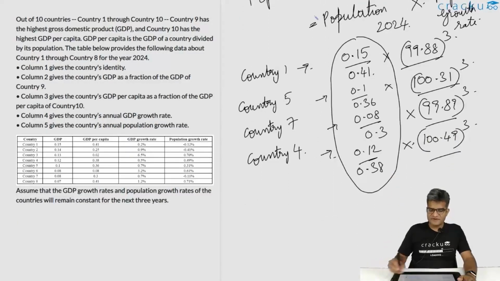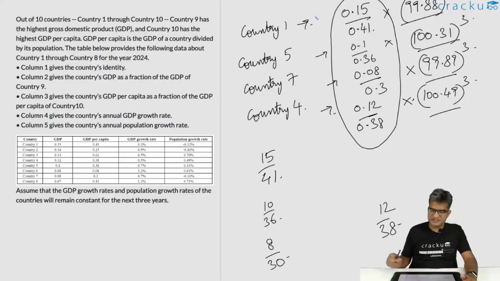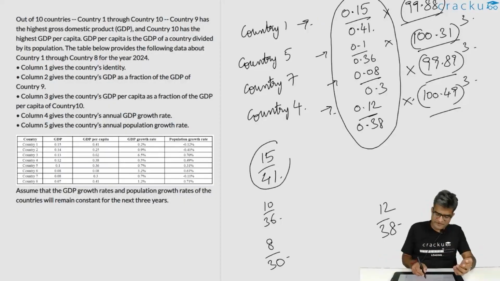The first one is 15 by 41. The second one is 1 by 3.6. So, this is 10 by 36. The next one is 0.08 by 0.3. So this is 8 by 30. And the last one is 12 by 38. Which of them is the largest? You don't need to calculate each one of them. You will figure out immediately that this is the only one which is greater than 1 by 3.